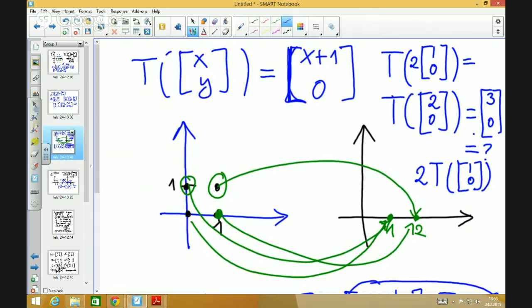This cannot be. This thing is not linear. In fact, we could also do the calculation. t of (1, 0) is (2, 0). We multiply it by 2, we get (4, 0), not (3, 0). So this is not linear.